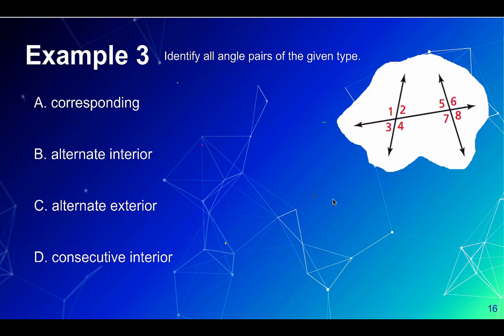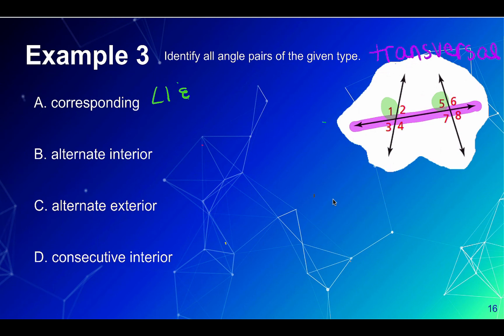So identify all angle pairs of the given type. First, let's find our transversal. Our transversal is in purple. Which are our corresponding angles? Corresponding angles are in the same position on either side of the line, same side of the transversal. So one set is angle 1 and angle 5.